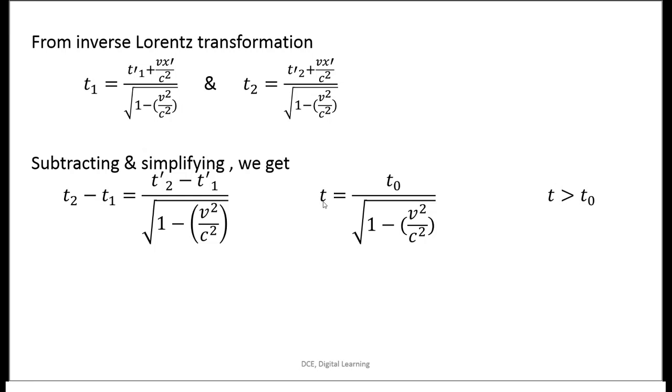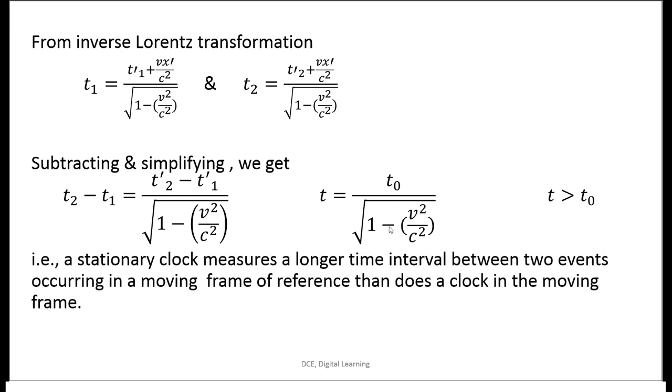It is given by T is equal to T0 by square root of 1 minus v square by c square. From this we can see that T is greater than T0, that is, the time measured by the clock which is moving with respect to another frame is larger than the clock which is at rest with respect to that frame of reference.